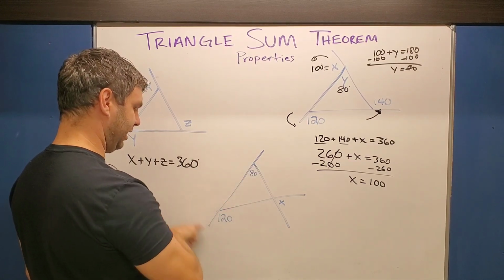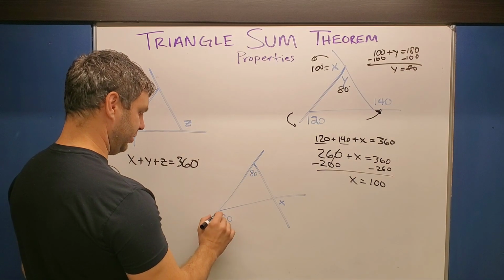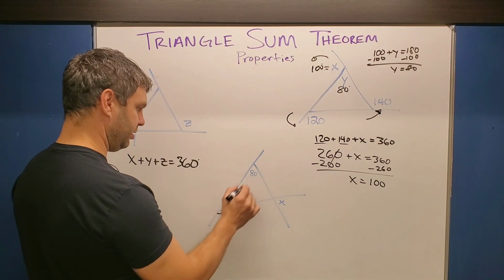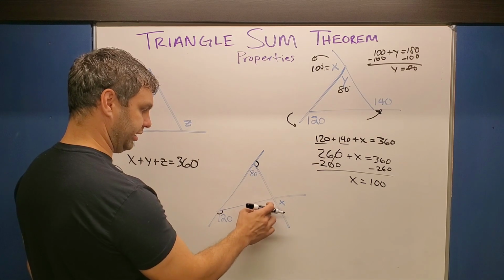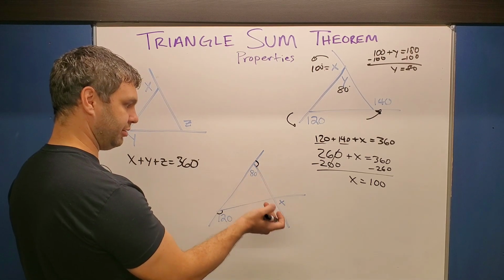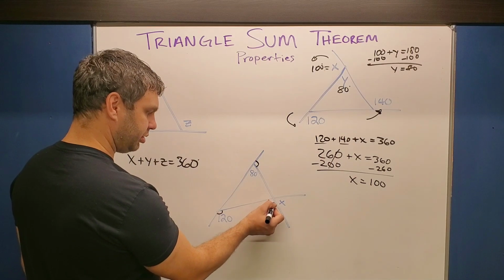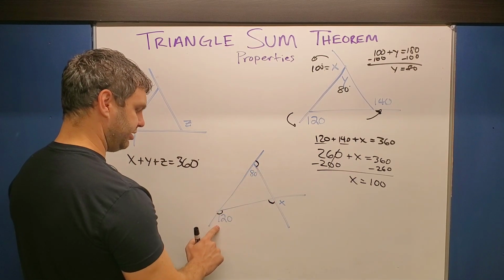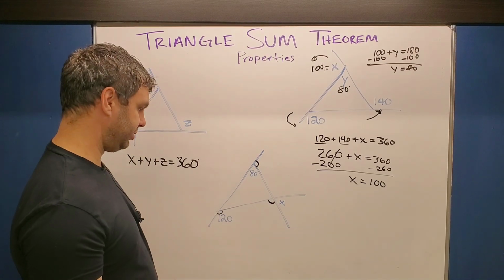This one though is the counterclockwise, and that's okay if you add up both of these. Since these are vertical angles, it does not matter if you go clockwise or counterclockwise. It doesn't matter which one you use, but I'm going to add up all of those, and that should be 360 degrees, okay?